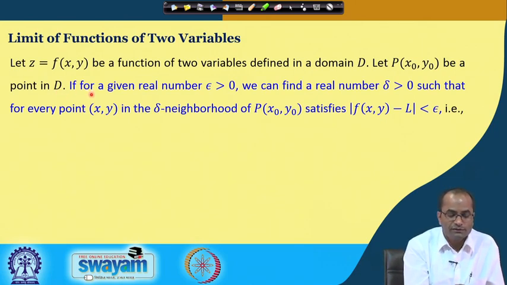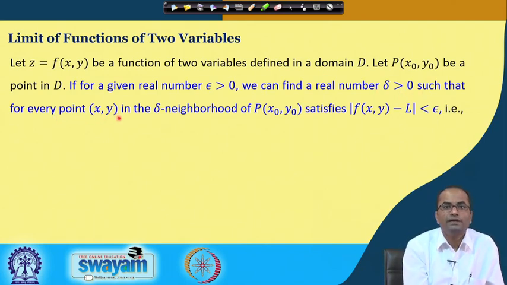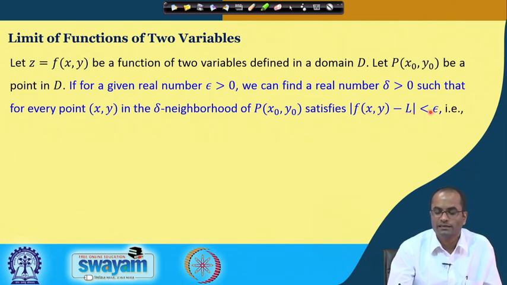If for a given real number epsilon, however small, we can find a real number delta such that every point (x, y) in the delta neighborhood of the point (x naught, y naught) satisfies |f(x, y) minus L| less than epsilon, then we will call L the limit.